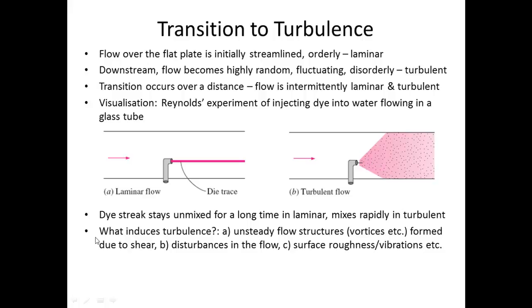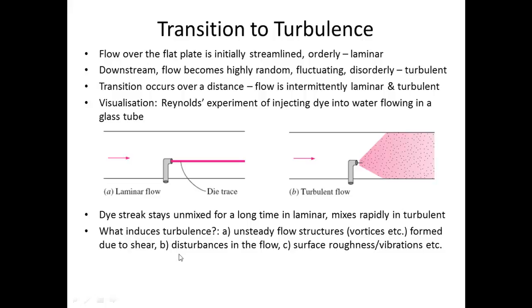So the important question is, what actually causes turbulence? Typically, the viscosity induced shear in fluids results in the formation of some unsteady flow structures, which we normally refer to as vortices. These vortices can grow and get amplified over a period of time, and they can cause turbulence.